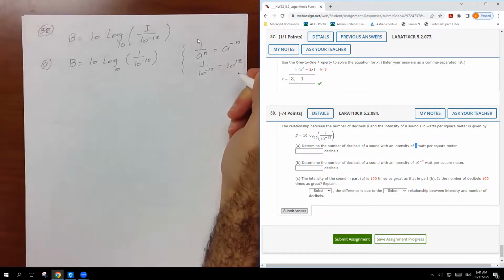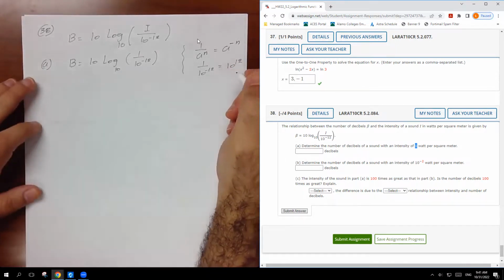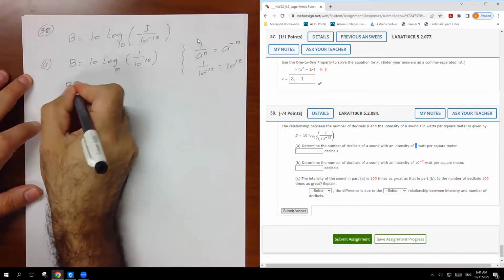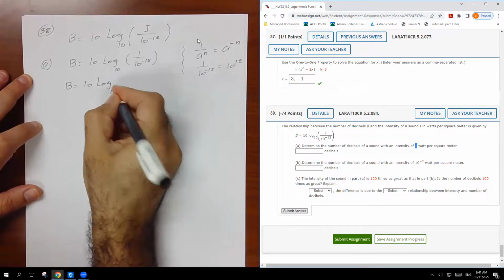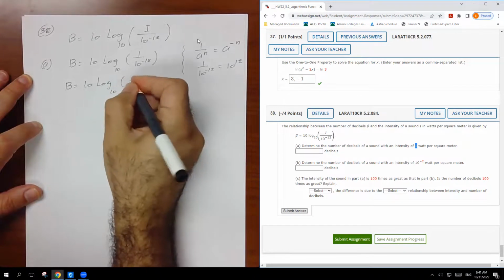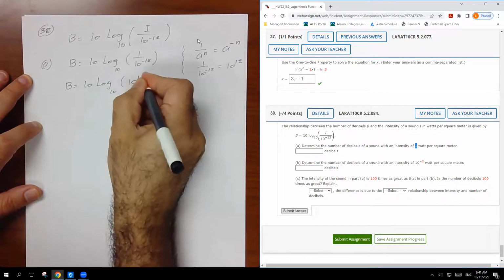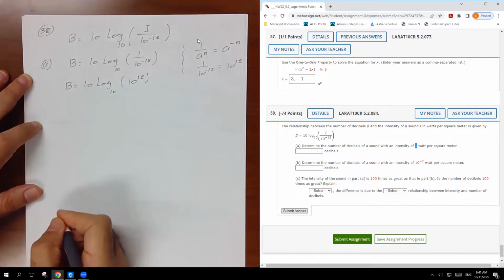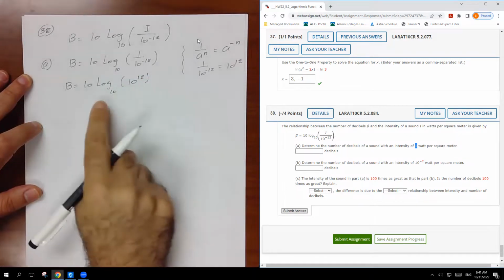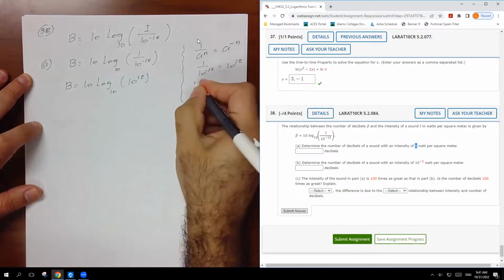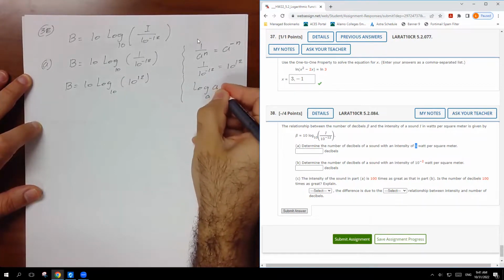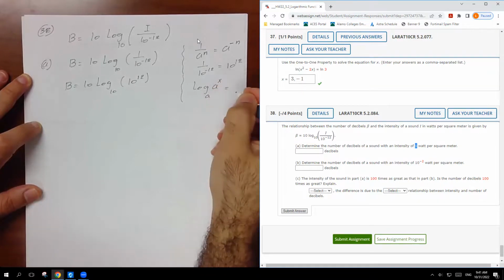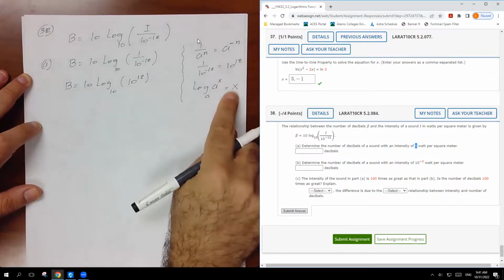So this one is easier to work on. B is 10 log to the base 10 of 10 to the positive 12. Now there is a rule that says if you have log to the base a of a to the x, the result is going to be x.